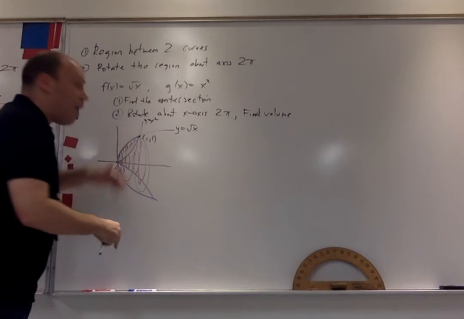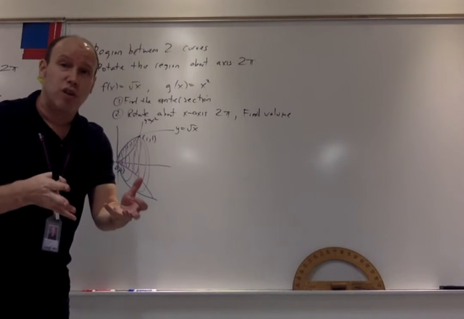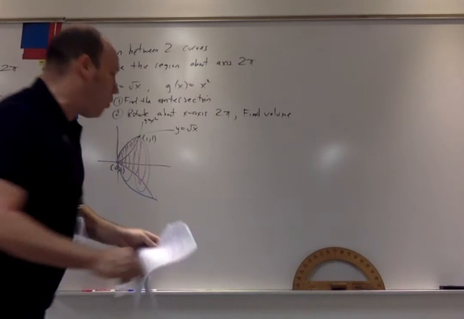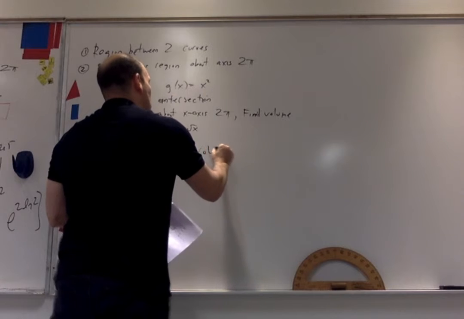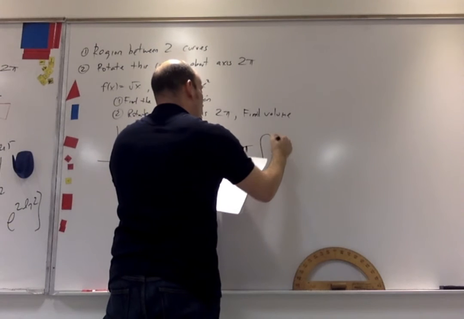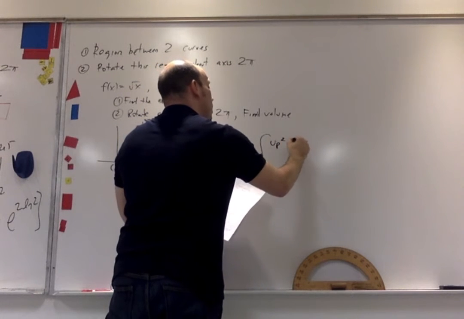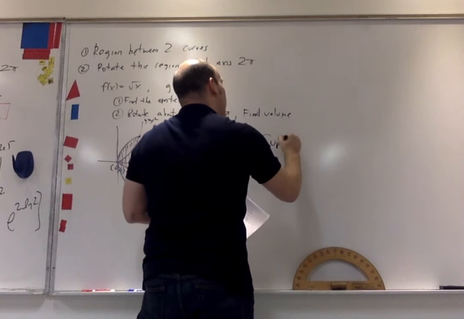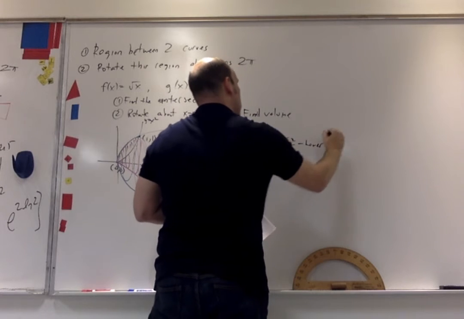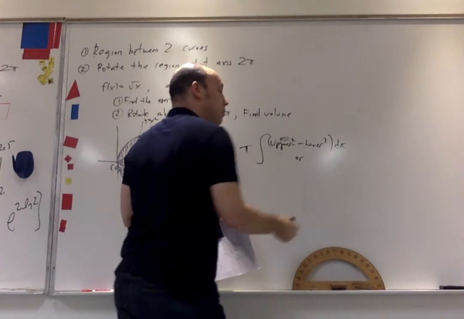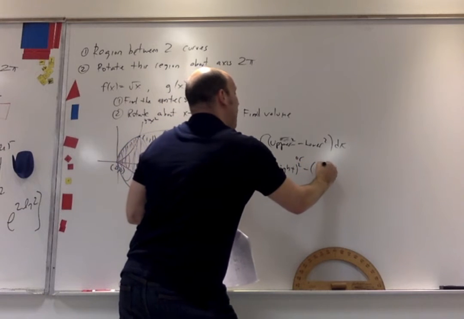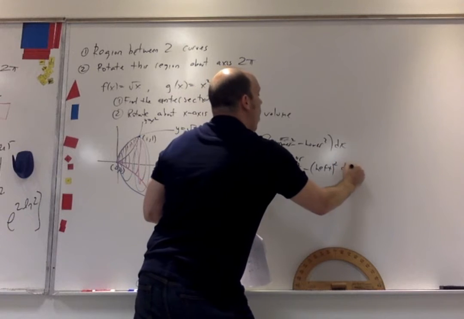Just like finding the area between two curves, you're finding the volume between two curves. It's the same idea. So the volume is equal to pi times the integral of upper squared minus lower squared dx, or right squared minus left squared dy.